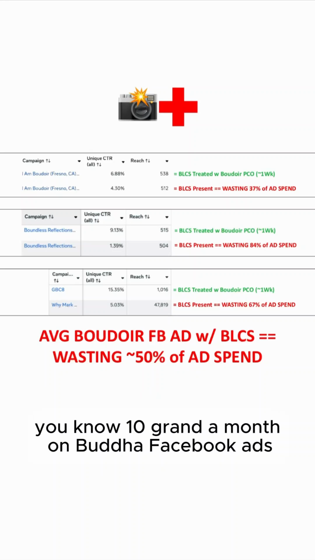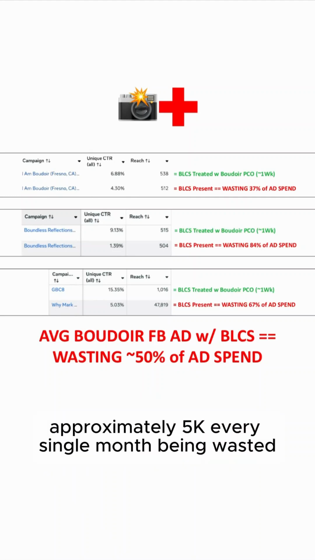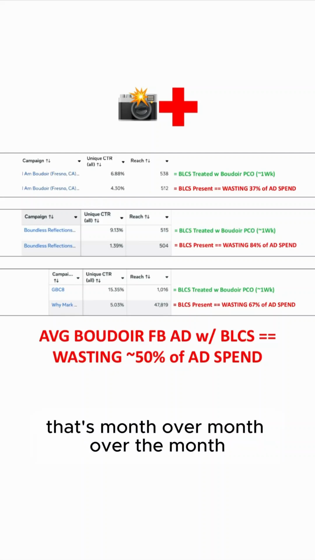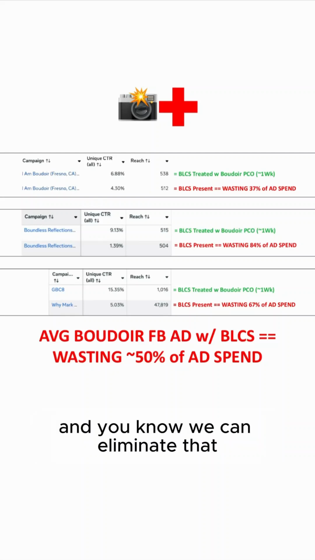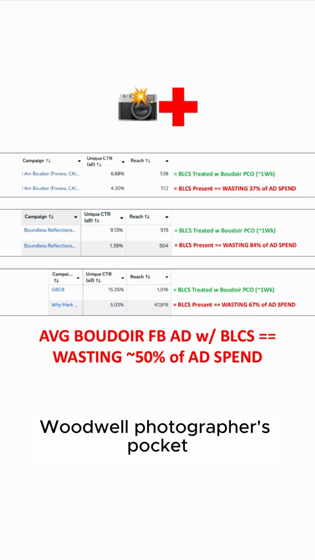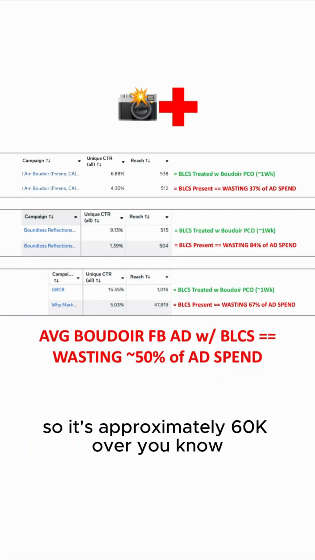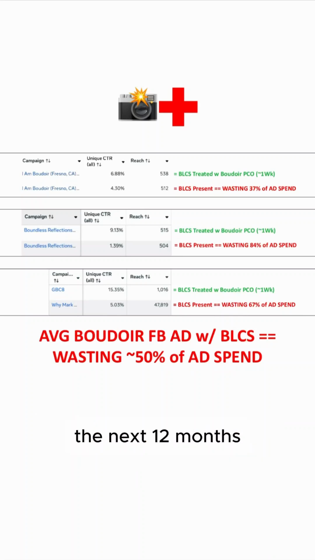So if they're spending 10 grand a month on Boudoir Facebook ads, then approximately 5K every single month is being wasted, month over month over month. And we can eliminate that, put that 5K back into the Boudoir photographer's pocket, so it's approximately 60K over the next 12 months.